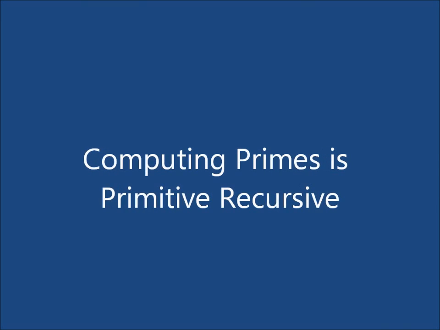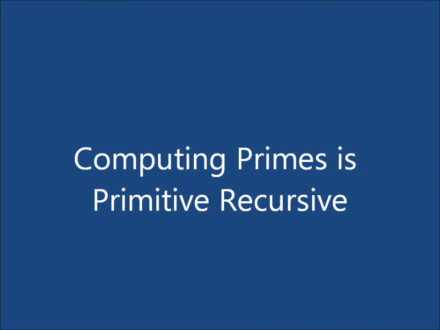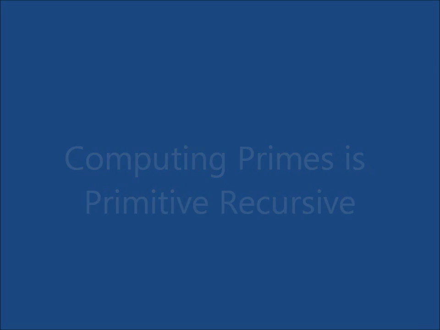So that gives us enough equipment to prove that computing primes is primitive recursive. Not just testing primality, which we previously proved, but effectively computing all of the prime numbers.